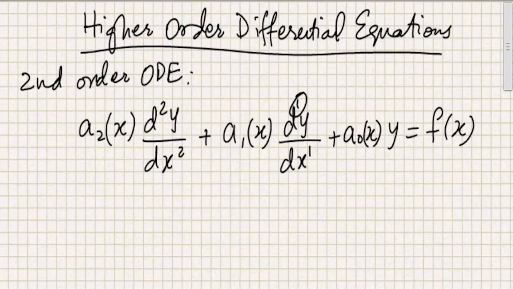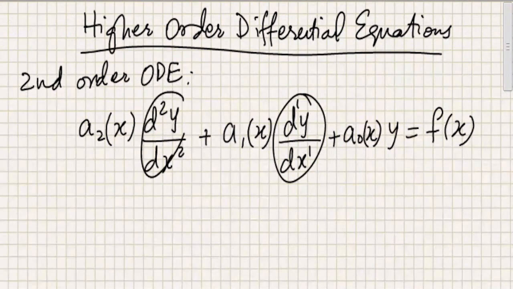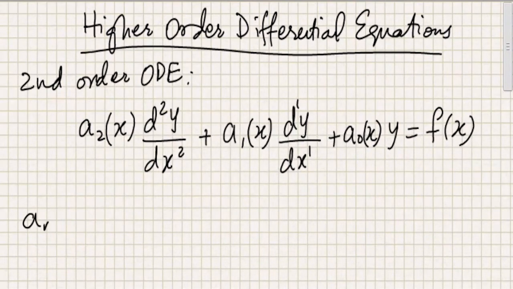And this 1 and this 2 represent the order of the derivative. So this is the first order derivative, this is a second order derivative. There could be n or nth order derivatives. So for example, there could be an of x, the nth derivative of y with respect to x, plus the smaller orders.